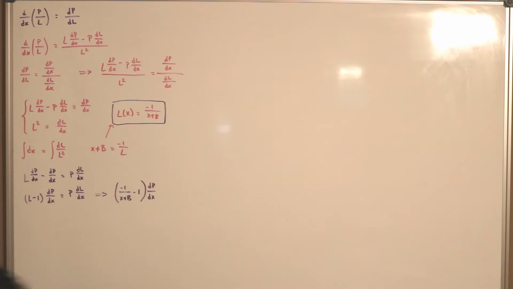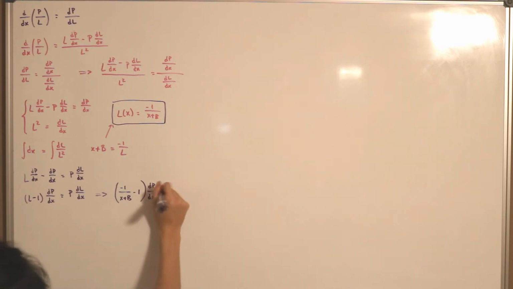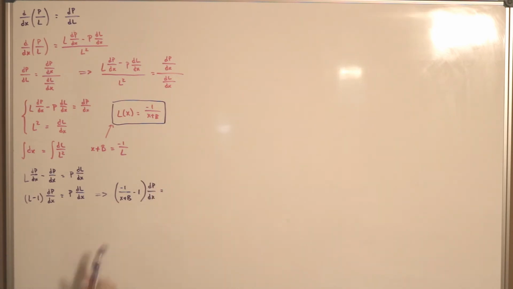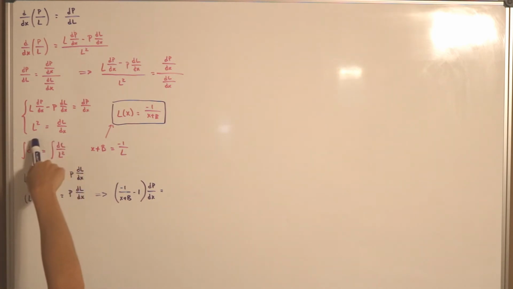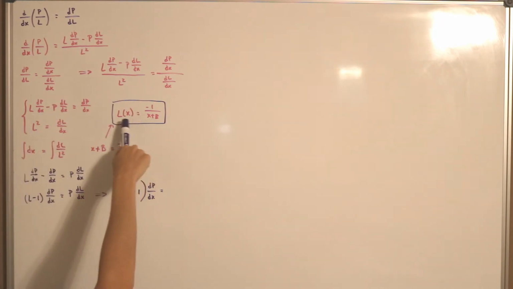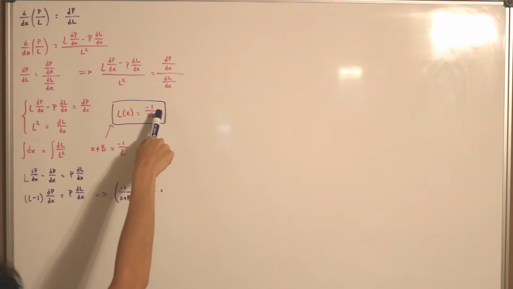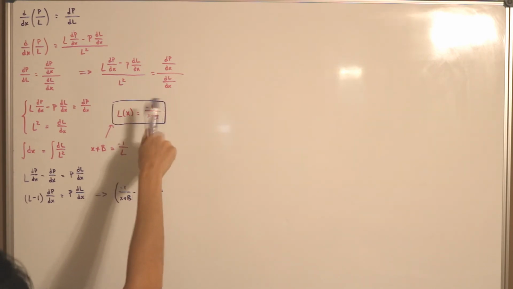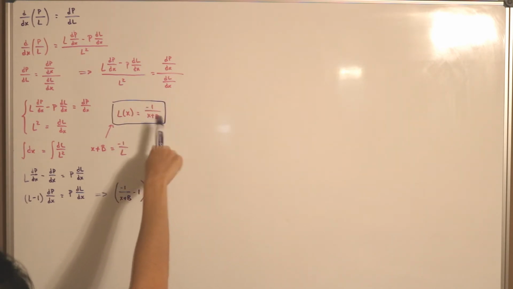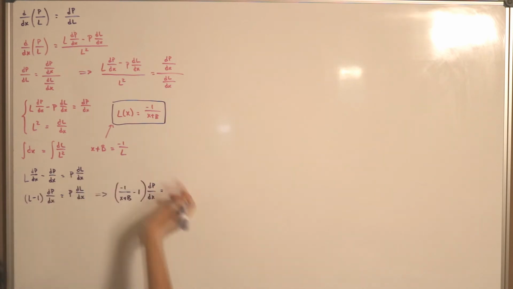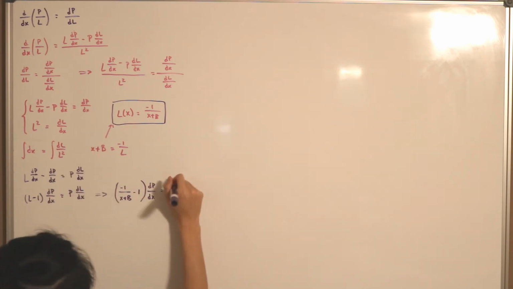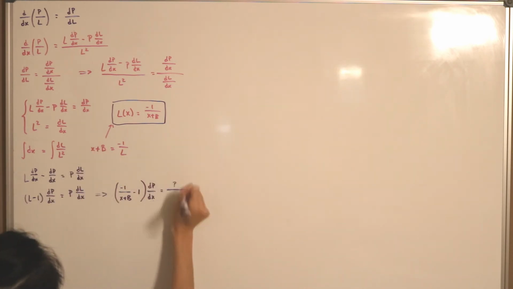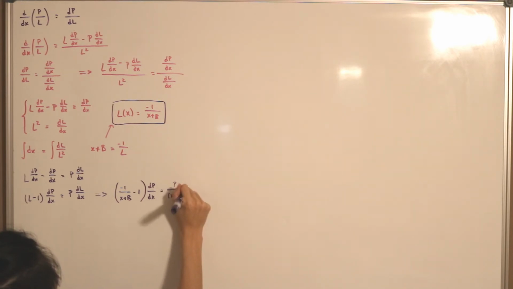Okay, and then we have P multiplied by dL/dx. Well, dL/dx is equal to L squared, so -1 squared is +1, and the denominator is x plus b squared, and then multiply that by P, so we have P divided by x plus b squared.